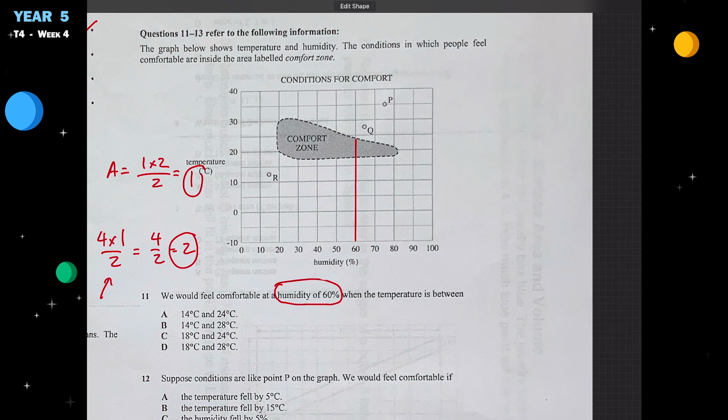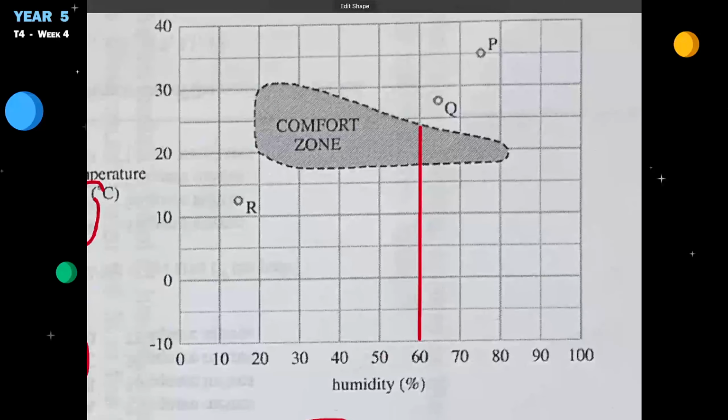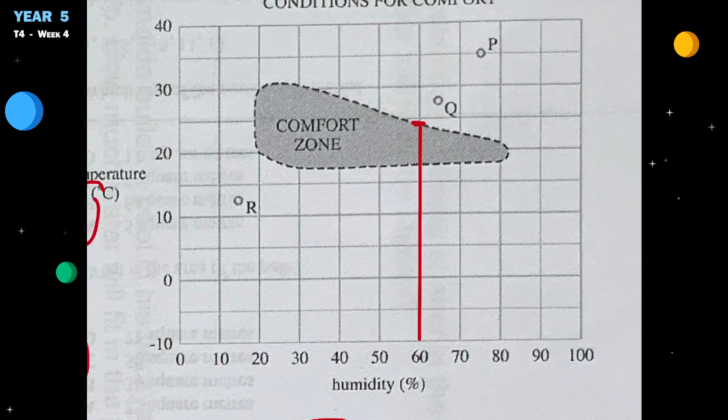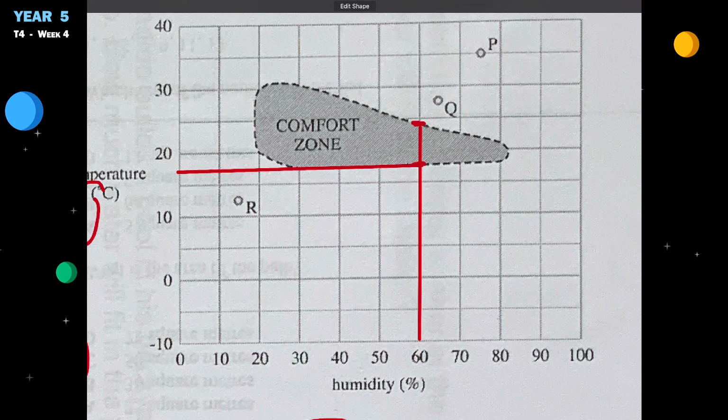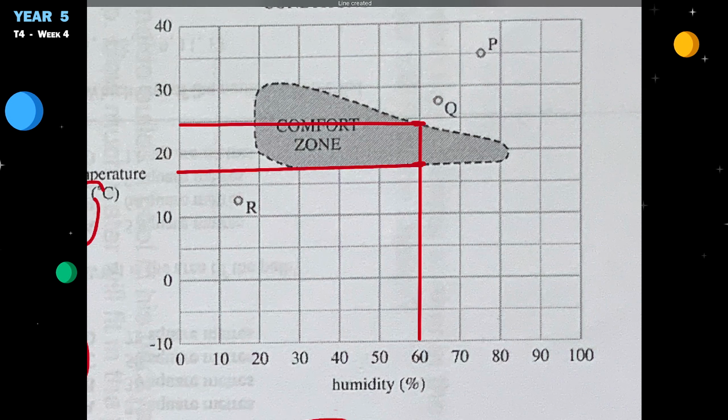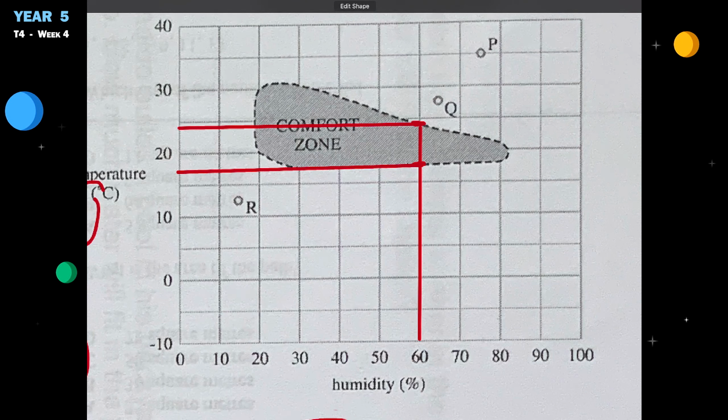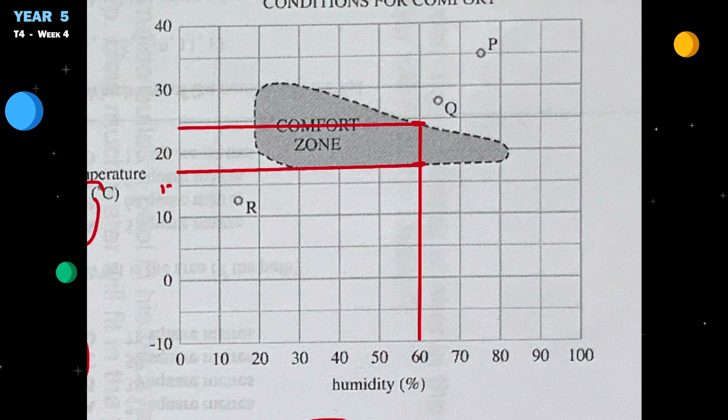As you can see, if you have a humidity of 60%, the only time people are comfortable is when the temperature is between here and here. This is about 17 to about 24. So if the temperature is between 17 and 24, we are in the comfort zone.